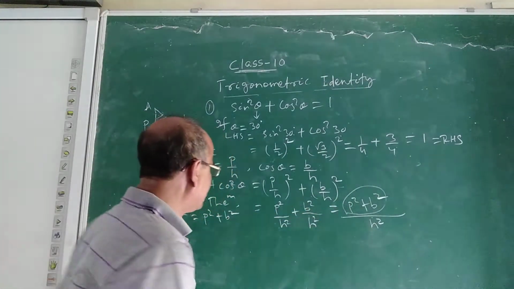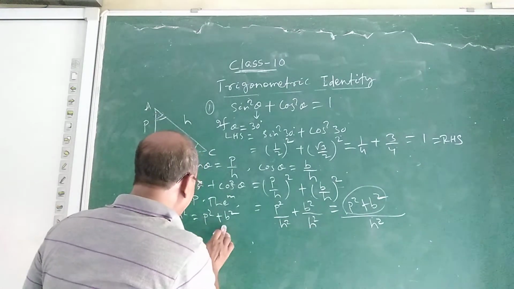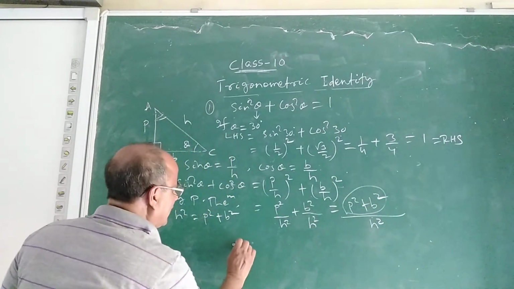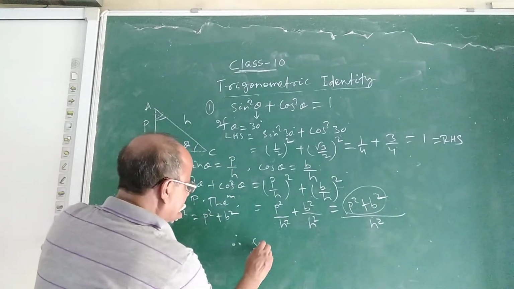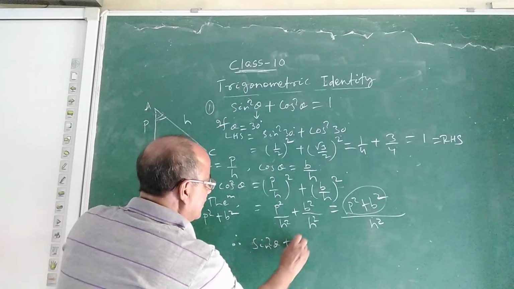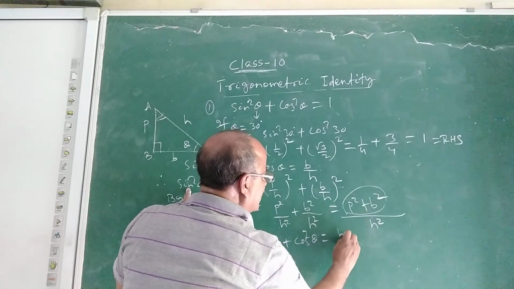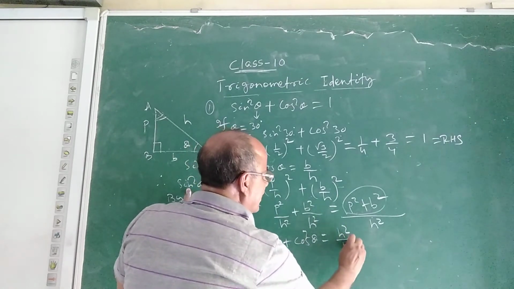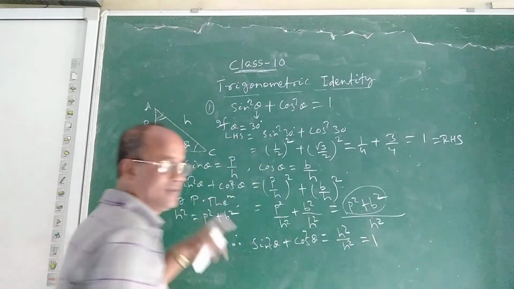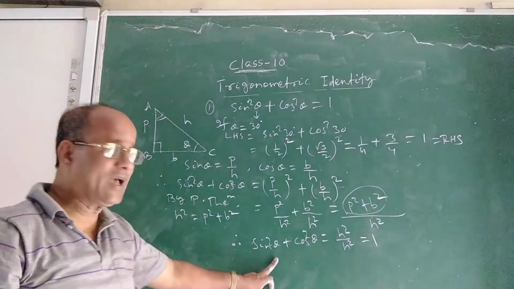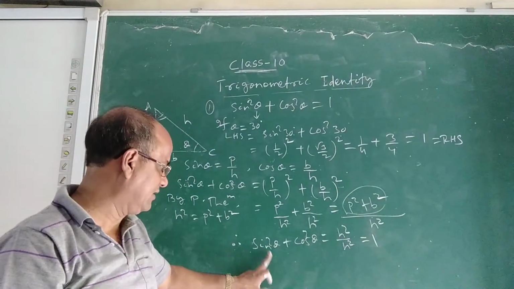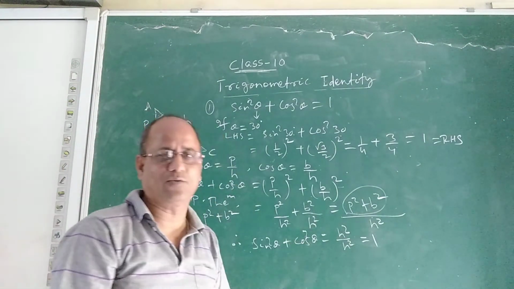Put it here. Therefore, if you put this value here, what will you get? You will get sin square theta plus cos square theta equal to, in place of P square plus B square, H square by H square, which is equal to 1. See children, so geometrically also we could prove that sin square theta plus cos square theta equal to 1.